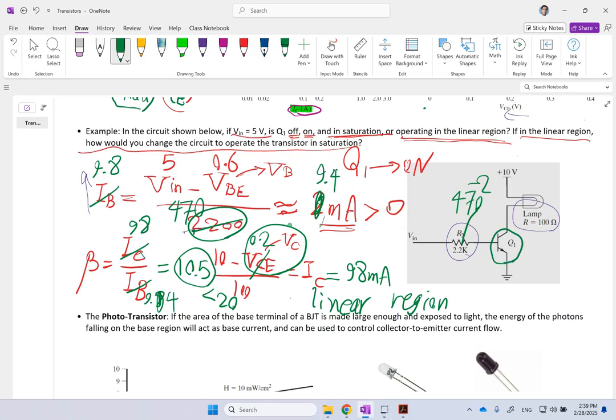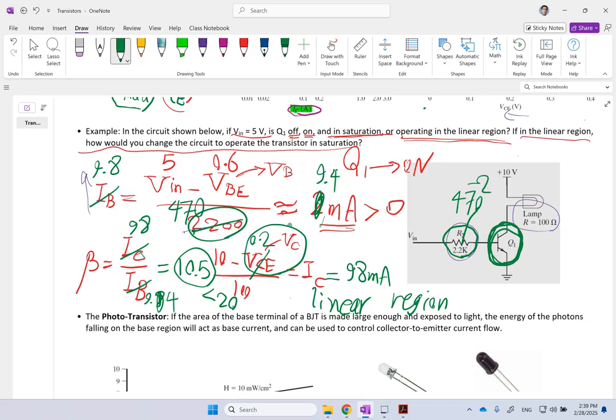So you see, all I need to do to operate this transistor for switching and in the saturation region is to use a smaller base resistance. If I make this resistance very large, then I bring down the current. Bringing down the current of base means bigger beta. Bigger beta means it goes to the amplification and linear region. And in the linear region, you're going to get lots of heat generated around the transistor, okay?